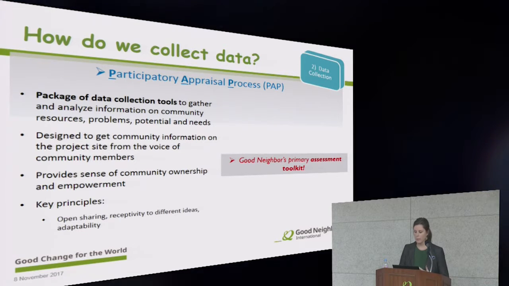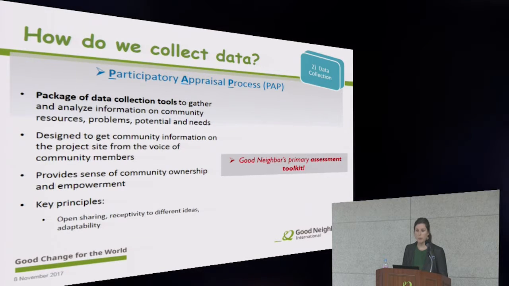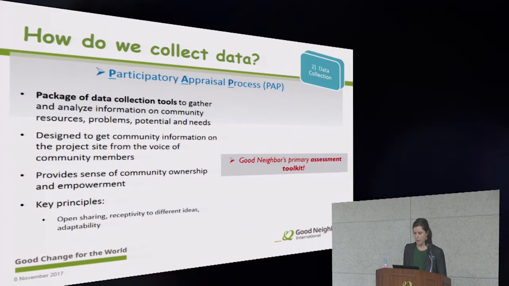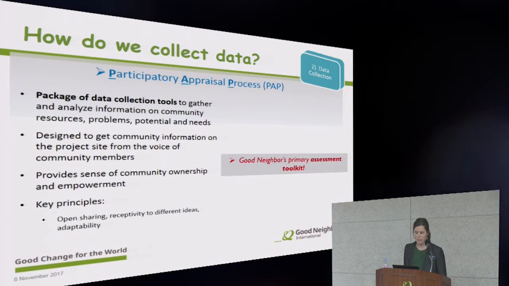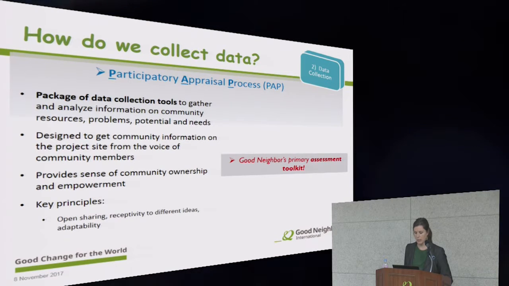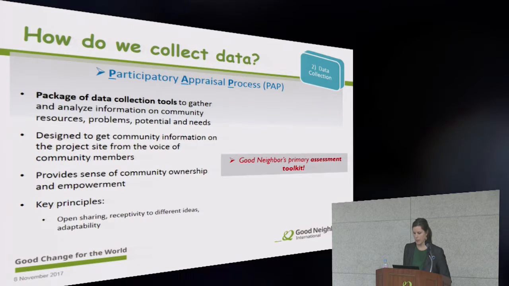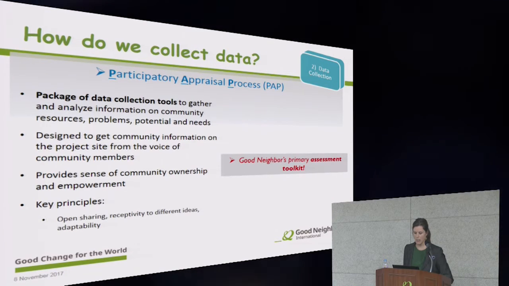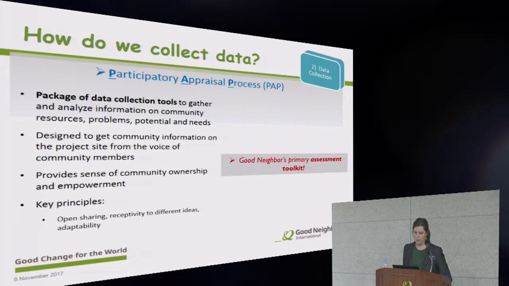So at this point, we've done some preliminary research, but now we need to obtain the most important data, which is the insight or the voice from the community. Without this information, the project is not very likely to succeed. So for this, GNI recommends using the participatory appraisal process, or the PAP. The PAP is a package of data collection tools to gather and analyze information on community resources, problems, opportunities, and needs.